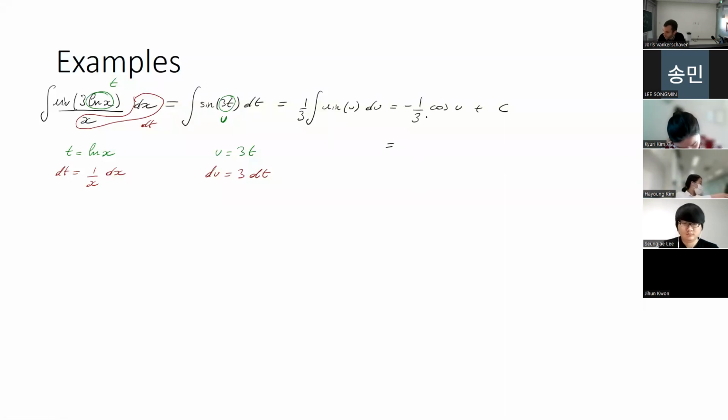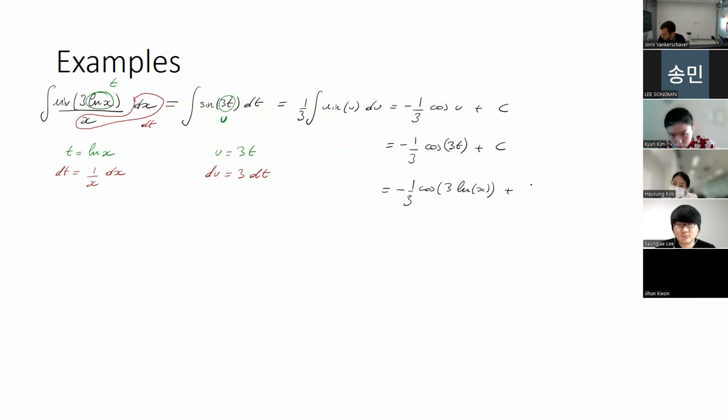And now we have to write that as a function of x. The first thing that we can do is we can get rid of the u, write this as minus 1/3 cosine 3t plus a constant. And now the second thing is, this is still not a function of x, it's a function of t. So let's back substitute t is equal to ln x, and we get minus 1/3 cosine 3 times the logarithm of x plus a constant.